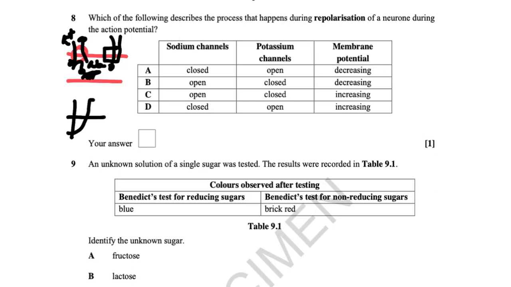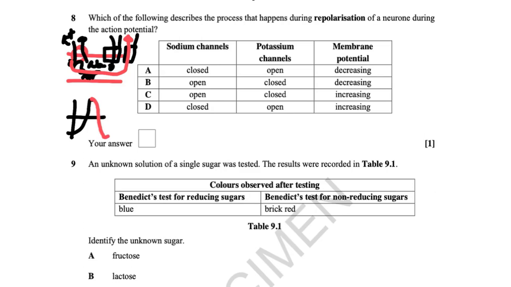Next step is the repolarization of the membrane. The potassium channels open, and the potassium that you've actively pumped in then flows out again down its concentration gradient, and that efflux of potassiums repolarizes the membrane.